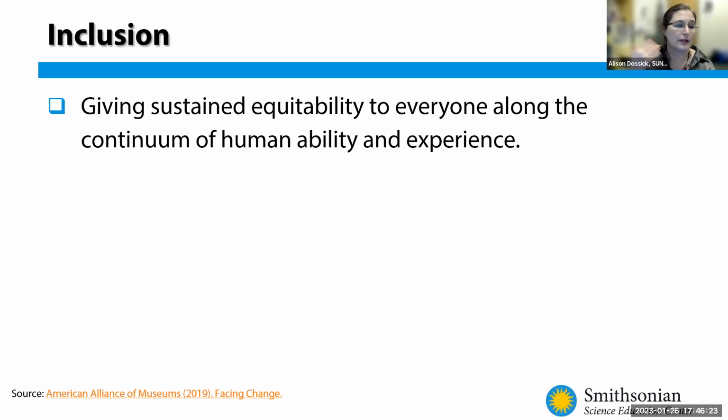You might have a really high ability in one thing and a lower ability in another thing. And we should celebrate all kids' abilities, regardless of where they are on a spectrum of ableness. And that helps to make everything inclusive for all kids and making them feel as though they're seen for their strengths. Next slide, please.